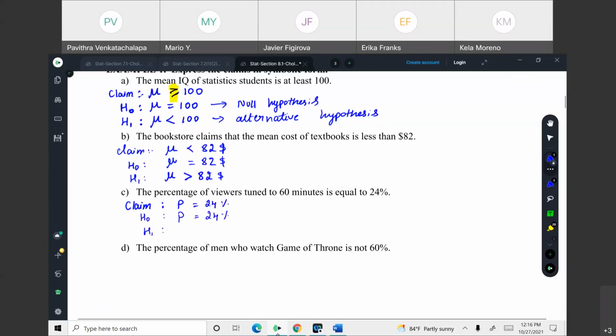What will be H1 for C? Any guess? Not equal to.